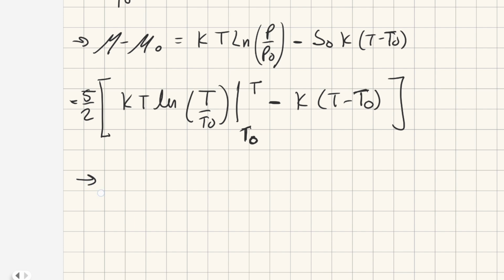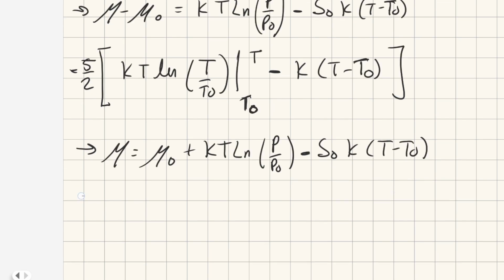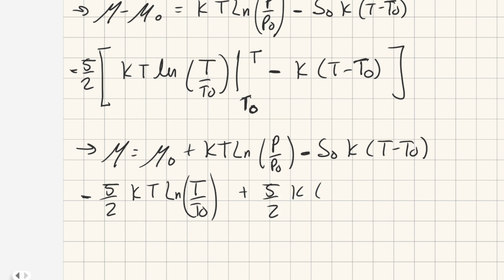So we are going to get that mu is equal to mu0 plus kt, the natural log of p divided by p0, minus s0k times t minus t0, and then minus 5/2 kt, the natural log of t over t0, and then plus 5/2 k times t minus t0.